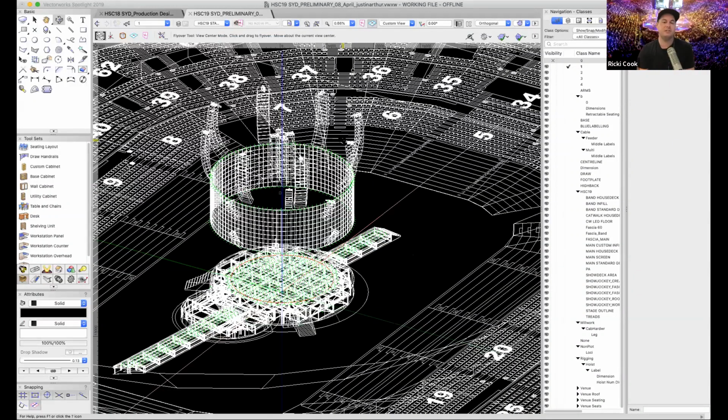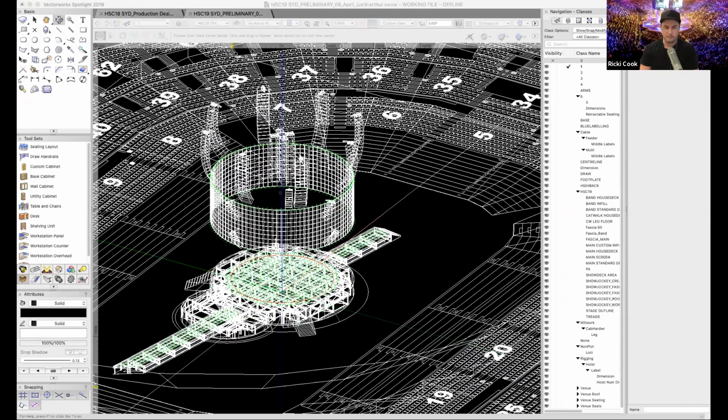Basically, the criteria is that even in the nosebleed sections, we don't want anyone to feel like they're in a B-grade seat. We want to make sure everyone who attends one of our conferences has the most amazing experience possible, both visually and audibly. So we are encouraged by our creative design department to try not to block the visual elements with PA.